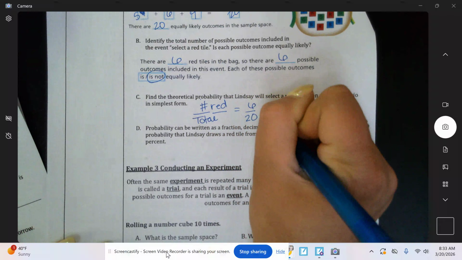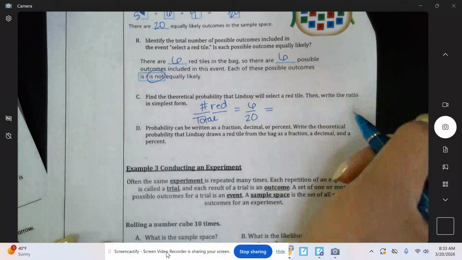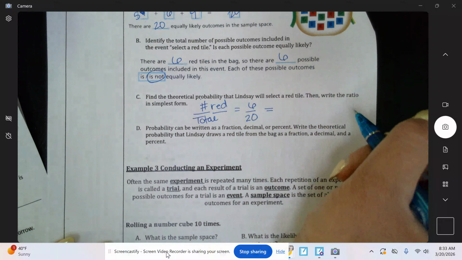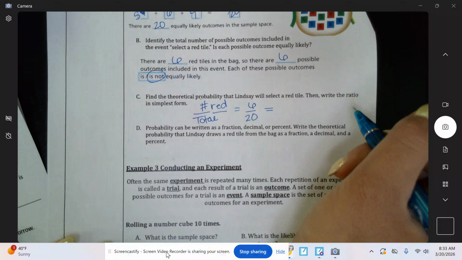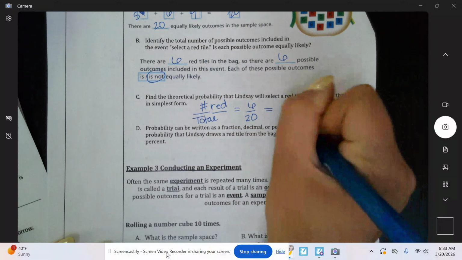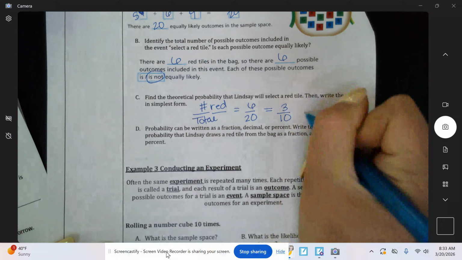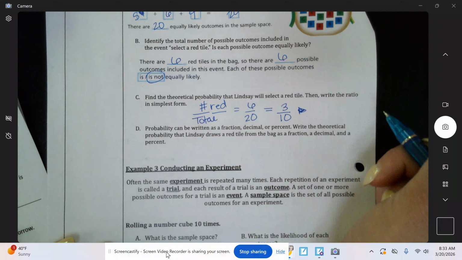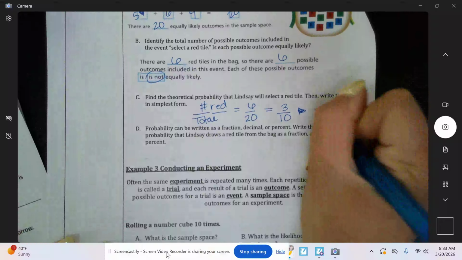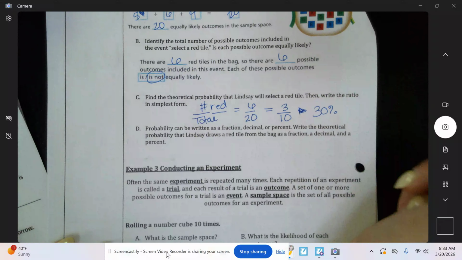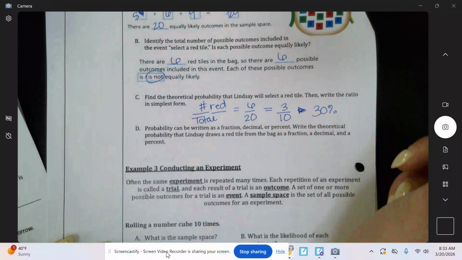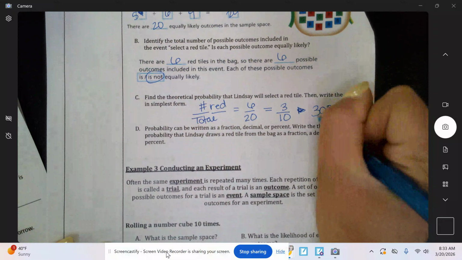And if we were to simplify that, what is 6 over 20? 3/10, right? And if we convert that to a percent, we get... So what's the likelihood of picking red? It's unlikely. Alright, this will be considered unlikely.